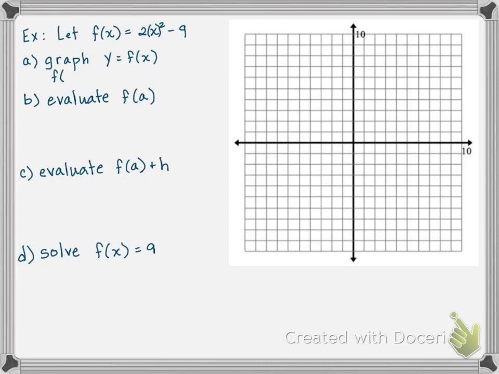So f of negative 2 is 2 times negative 2 squared minus 9. So you need parentheses around your input, but you don't want to add any more parentheses in that function, unless they're already there.